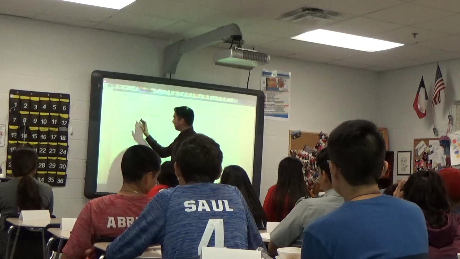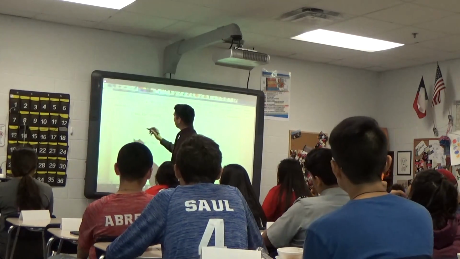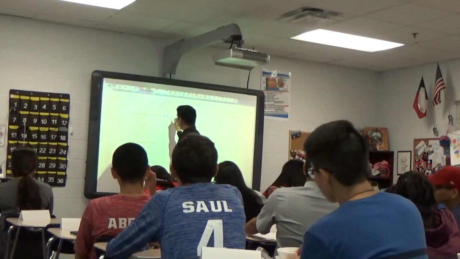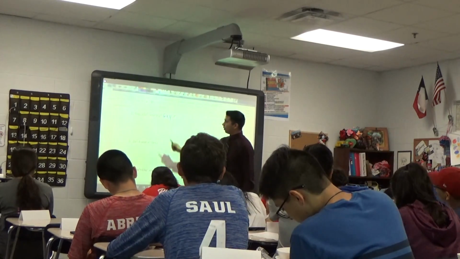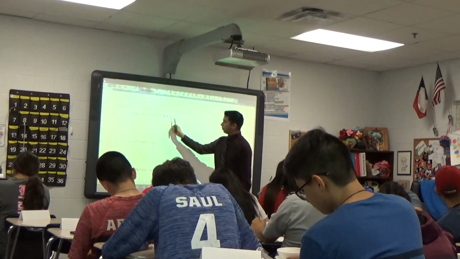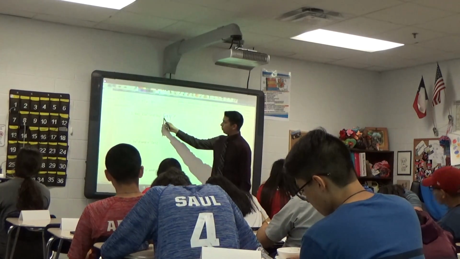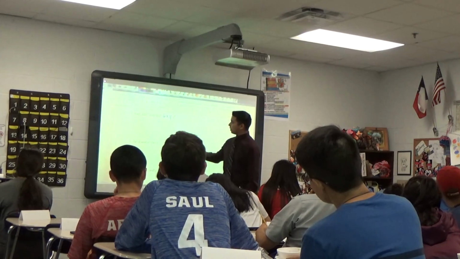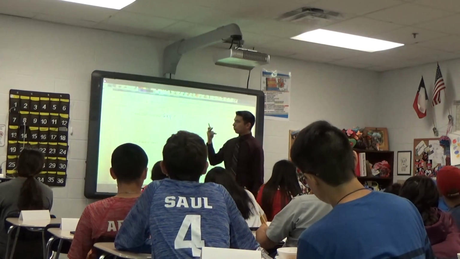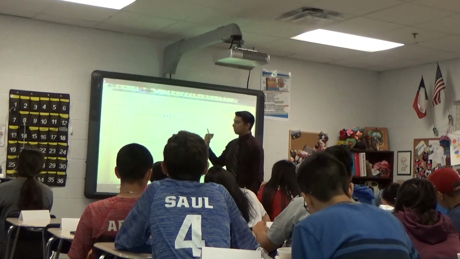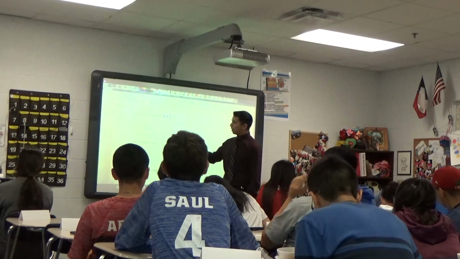My bad. We have 6xy. What factors can we get from here? Well, 6 is a composite number. Composite means it's not a prime number, so it has factors greater than 1 besides itself.